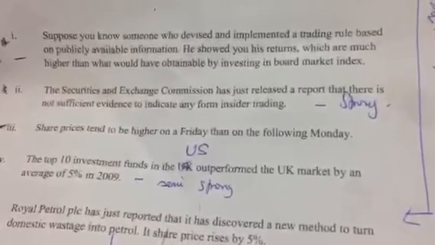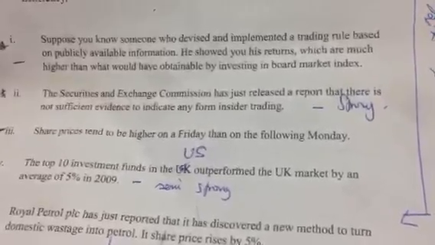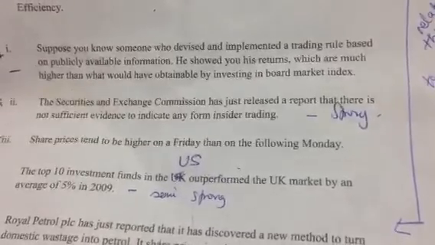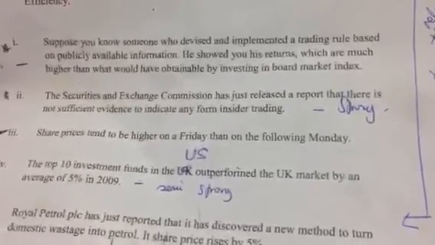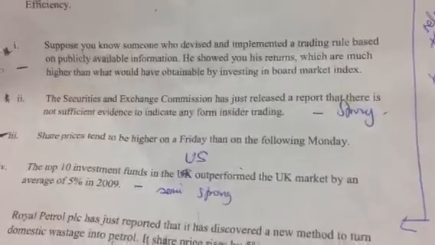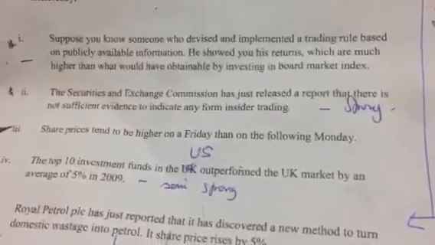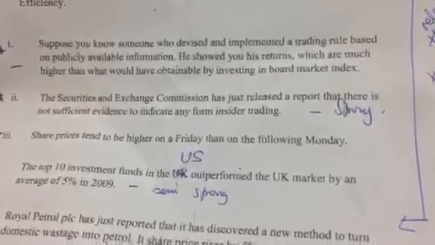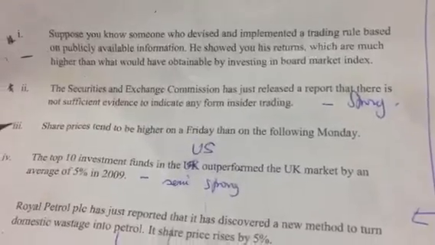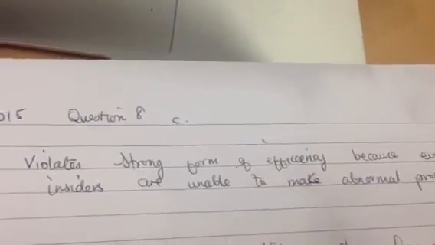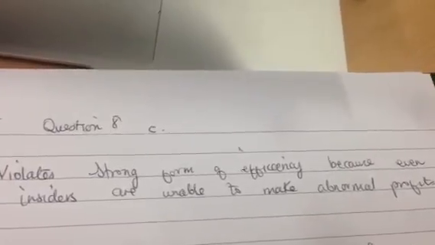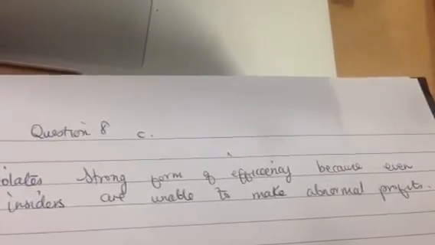The first one: suppose you know someone who devised and implemented a trading rule based on publicly available information. He showed you his returns, which are much higher than would have been obtainable by investing in the broad market index. Based on this, our answer would be that it violates strong form efficiency, because even insiders are unable to make abnormal profits.